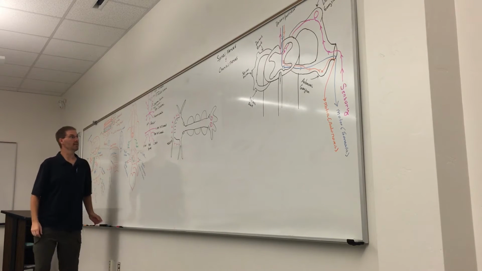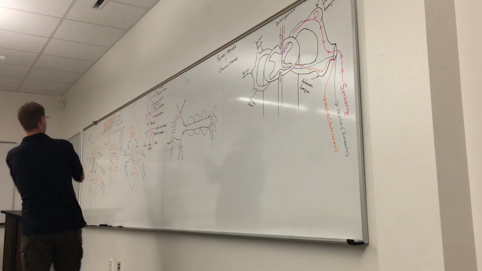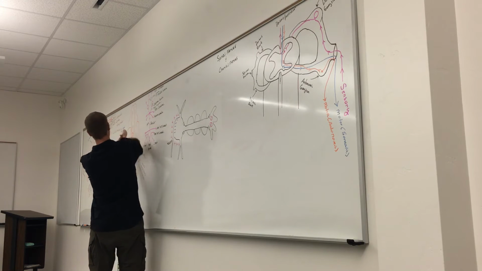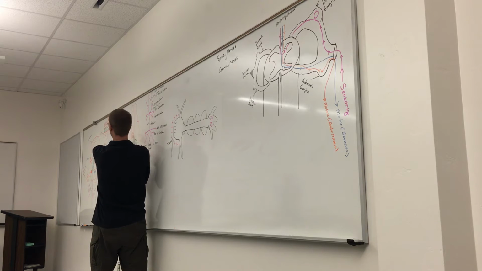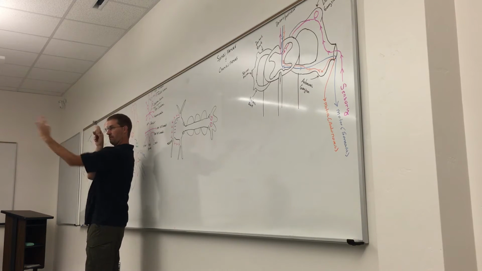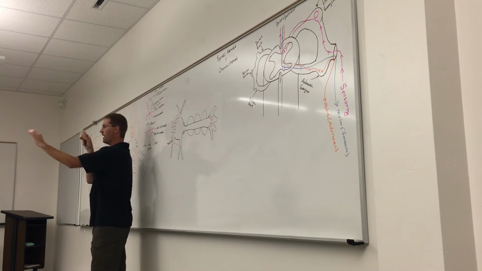And so what I've done is I've drawn the brain like this. You guys go with that? So you're looking at the posterior surface of the brain. You see this little thing here? This is the brainstem shooting out at you.